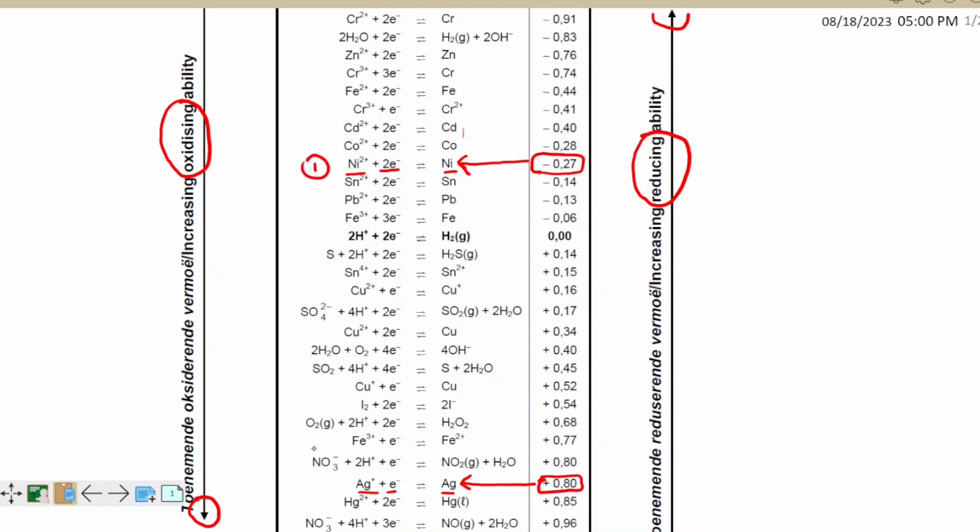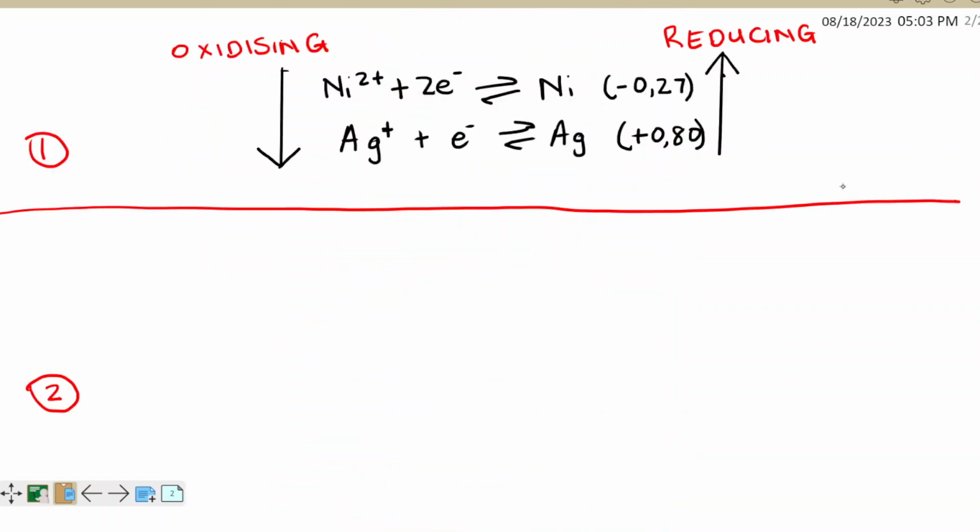Now, what I'm going to do, I'm going to take this reaction, the first one, which is the one for nickel, and the second one, which is the one for the silver, and then I'm going to write them on the scrap paper. Then I'm going to explain what is happening. So look at this. Step one, this is the arrow that was pointing down, you remember? And it was written oxidizing ability, the one on the left. Now this is the arrow that was pointing up, and it was written reducing ability.